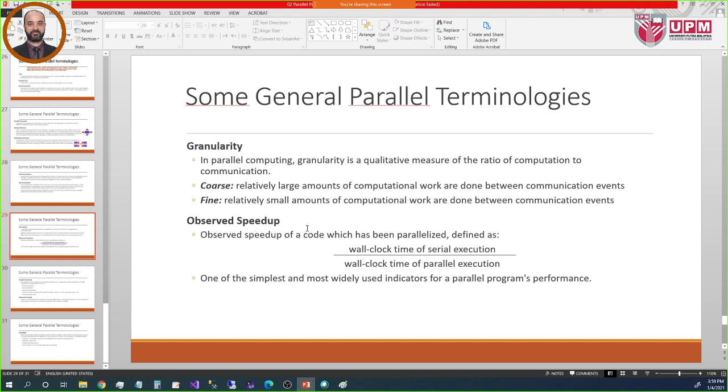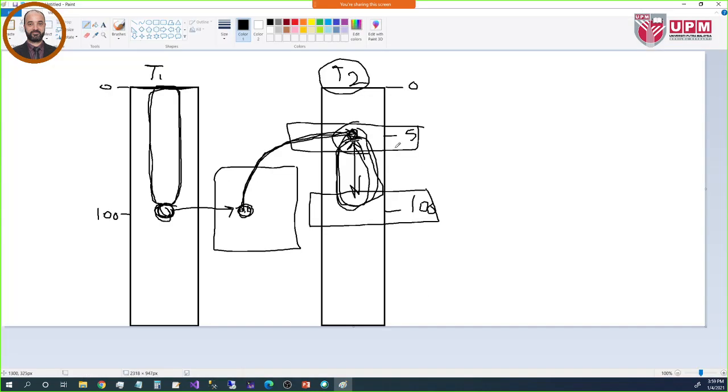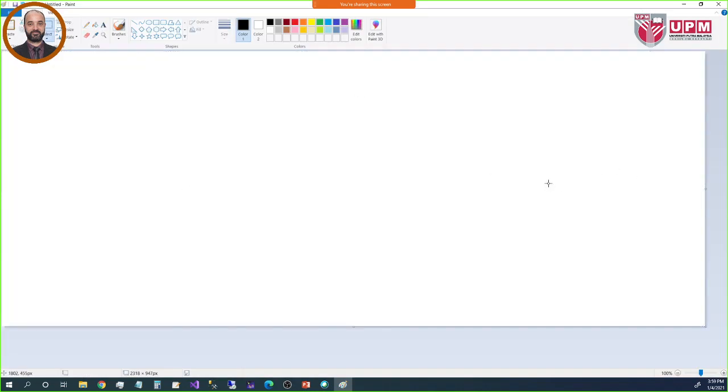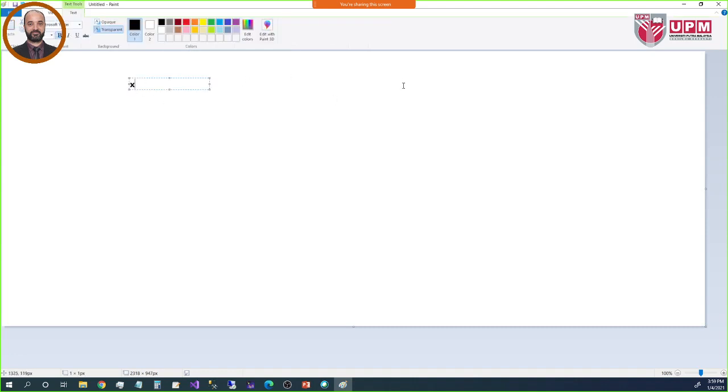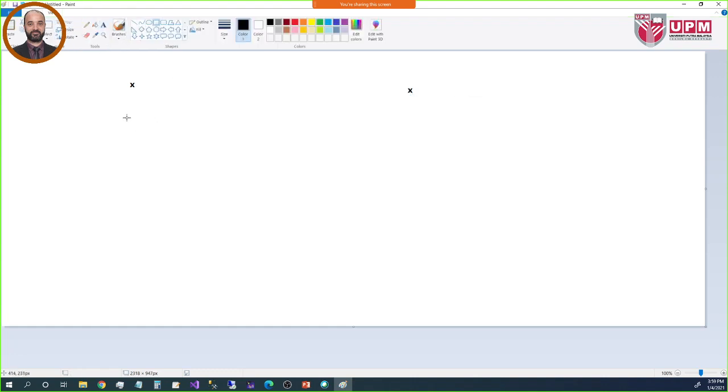So here, observed speedup of code which has been parallelized is defined as the wall clock time of serial execution over the wall clock time of parallel execution. Let's say we have the same application X, and we run it on different machines.